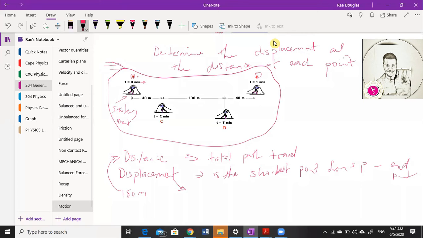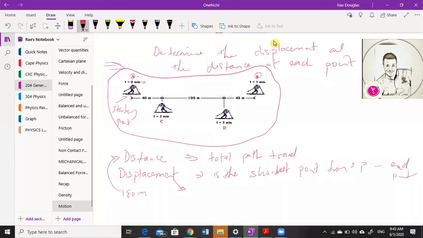All right. So refresh your memory in regards to the definition of displacement. Displacement is the shortest path that one would take. From where to where? From the start point to the destination.